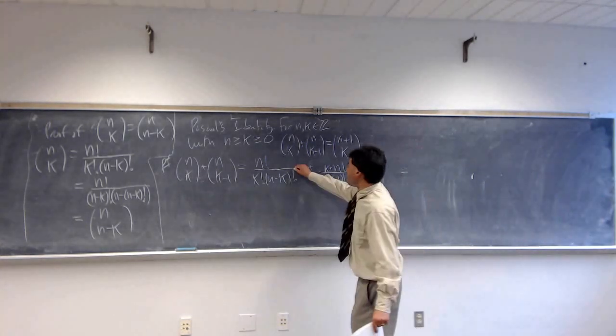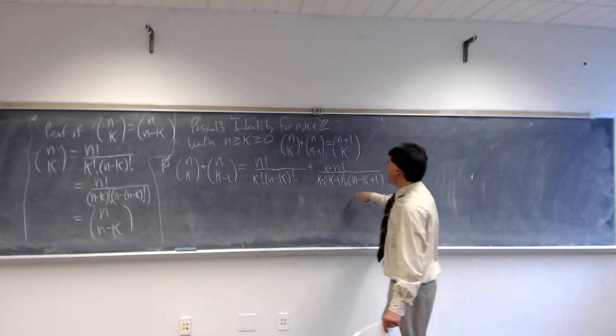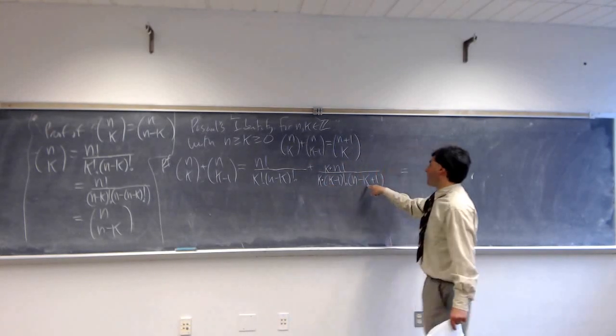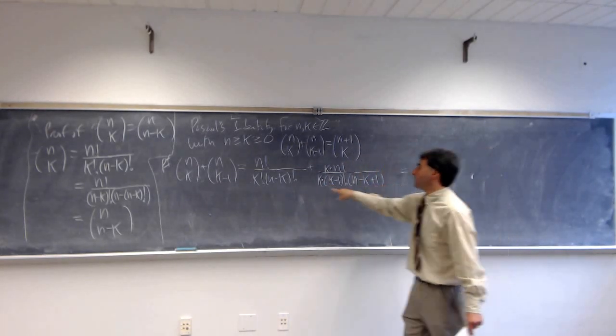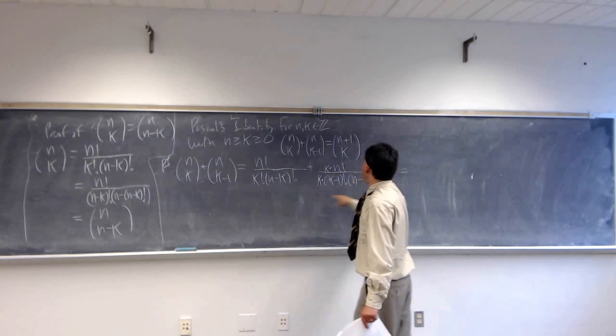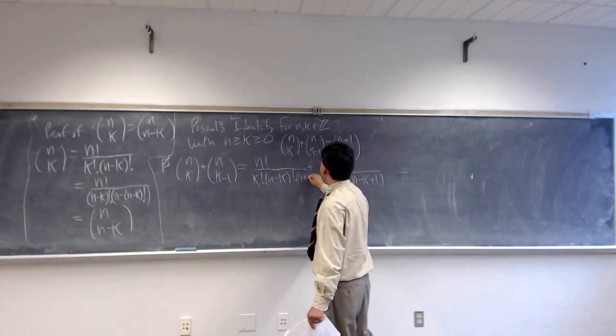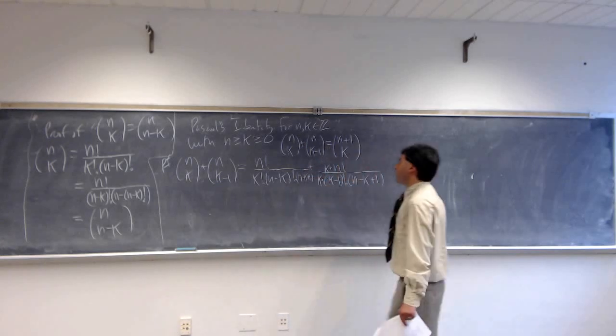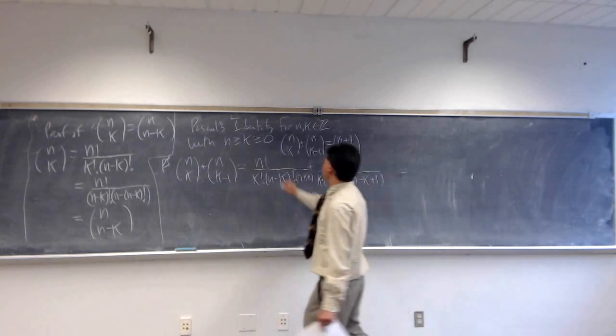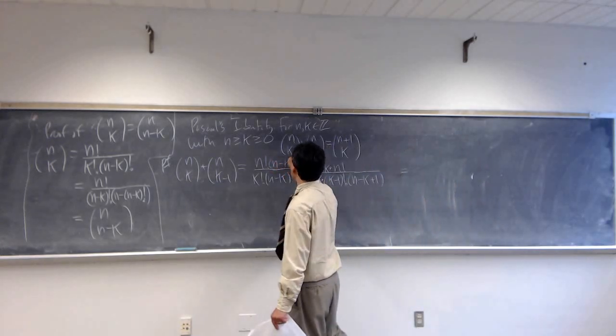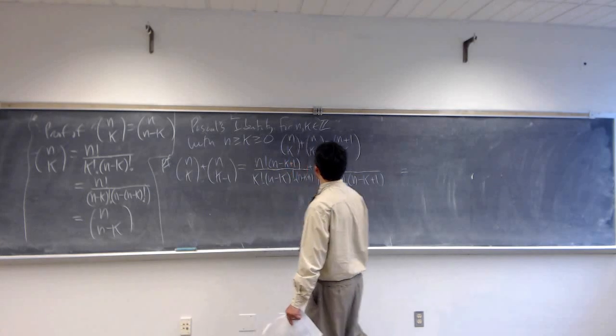Then what about this set here? Well, here I've got everything up to n minus k plus 1. Here I stop one short. I have all the factors except that one, so I'd have to multiply the denominator by n minus k plus 1. And to keep the value of the fraction the same, I multiply the numerator by that.